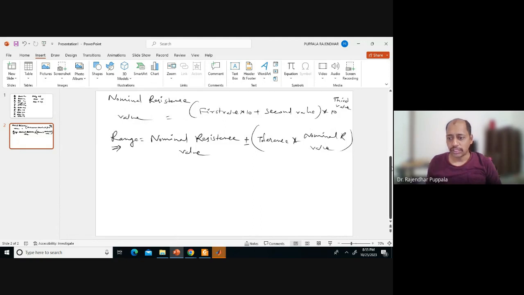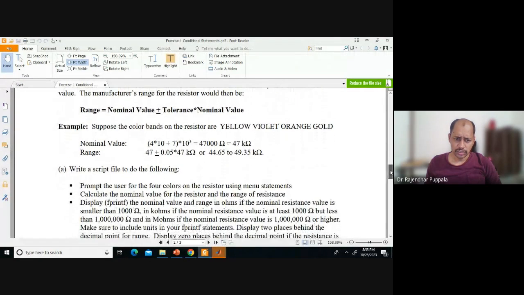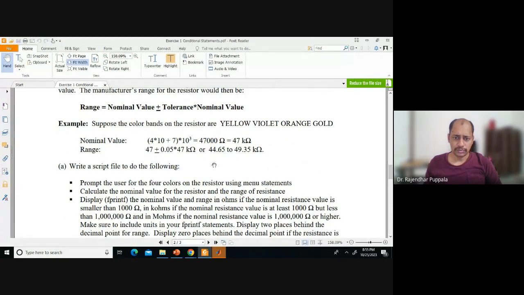Based on the tolerance, if it is 10% tolerable, 220 into 10 by 100 comes to around 22. So 220 plus or minus 22, you will get the range. That we are calling a range, 220 plus or minus 22. Here you can see with this formula.